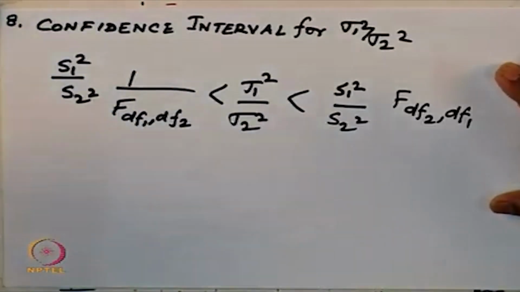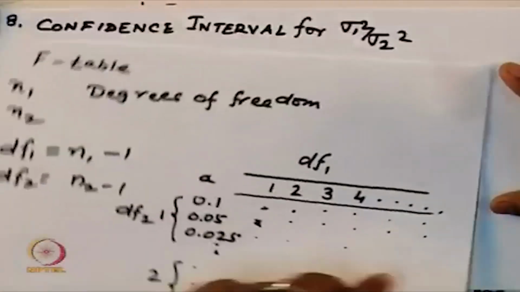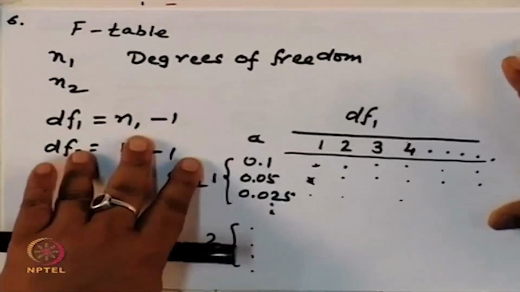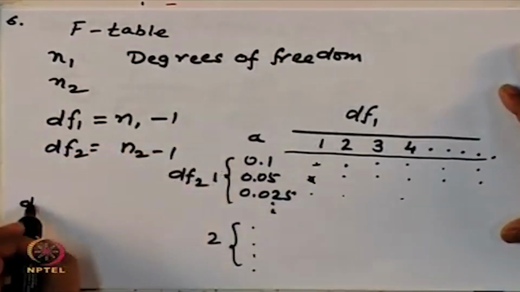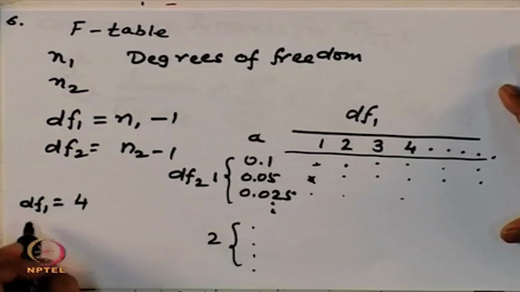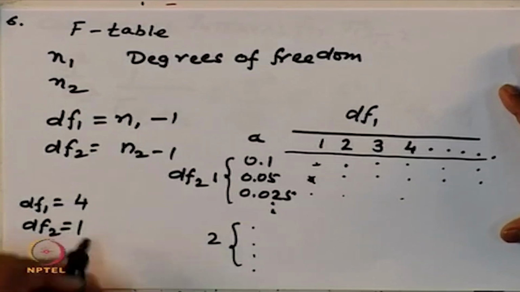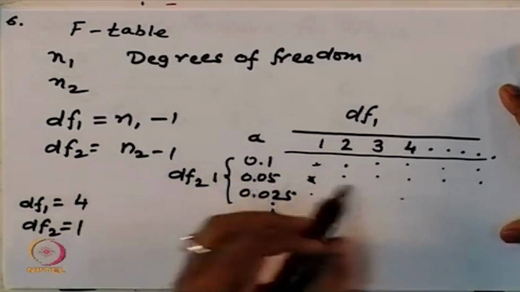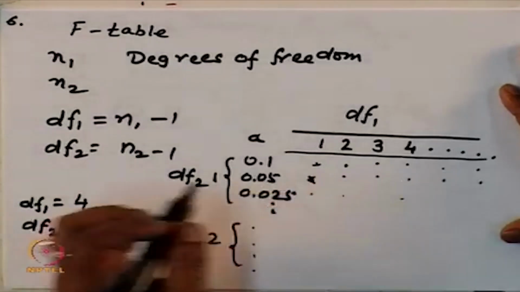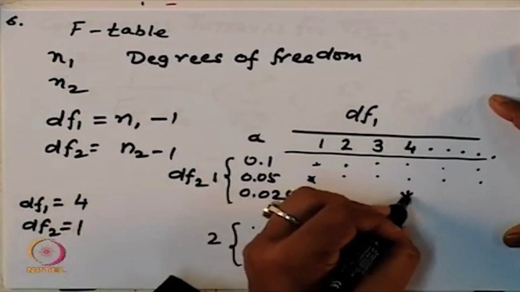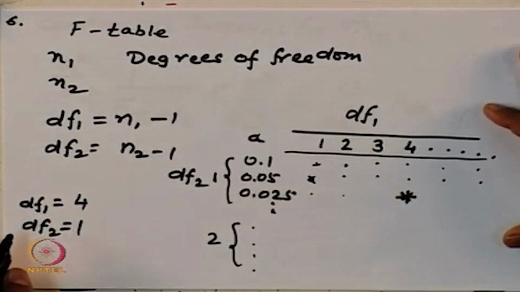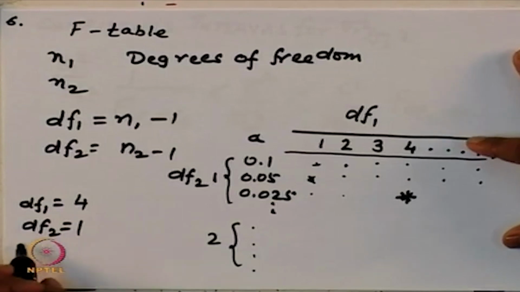If we go back to the table, say my df1 was equal to 4 and df2 equal to 1. So, 4, 1 with a significance level of 0.05, and if I am doing a two tail test, this is the value I would be looking for.